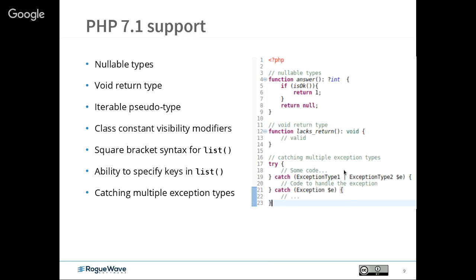Here with this pipe character, you can actually add several exception types and have a common handling of the exception. So the support for PHP 7.1 in PDT means that your code editor will behave adequately with these new language constructs, and you won't see any surprising errors or things like this.